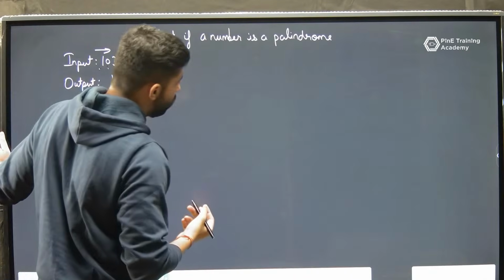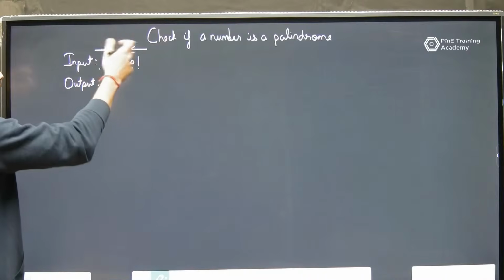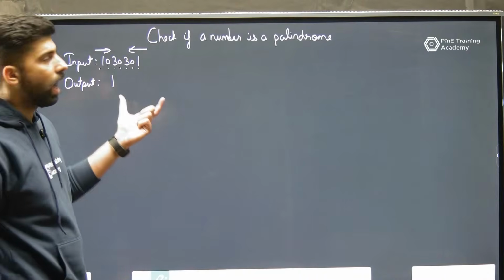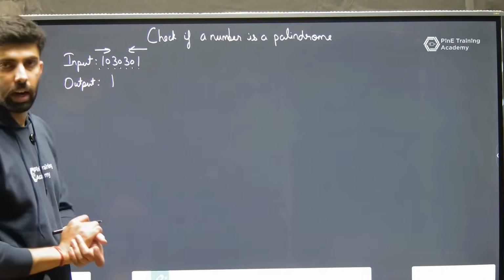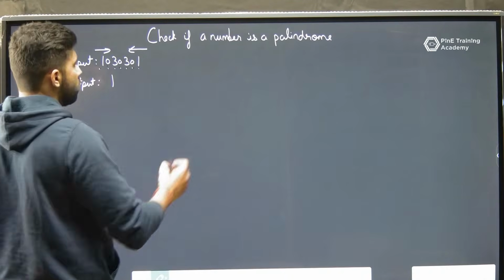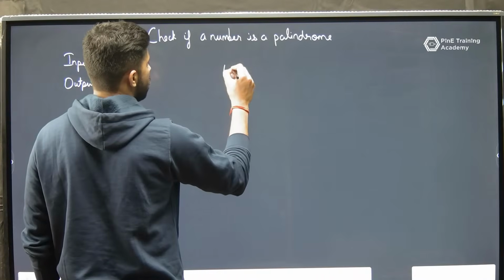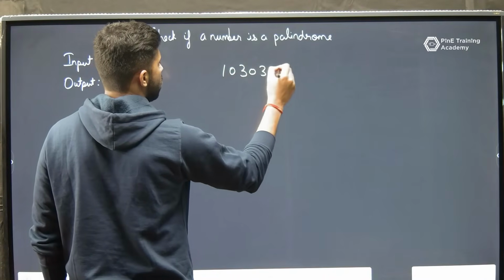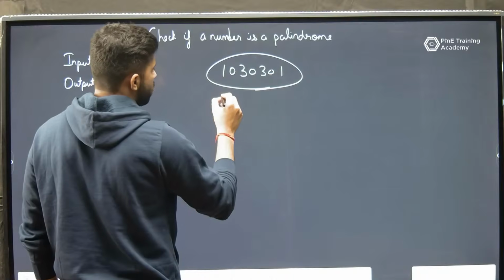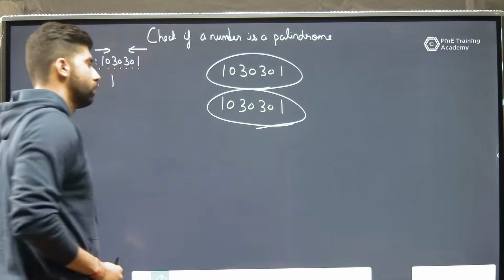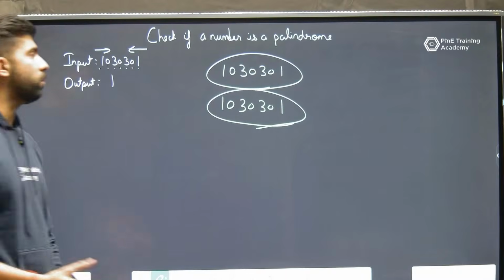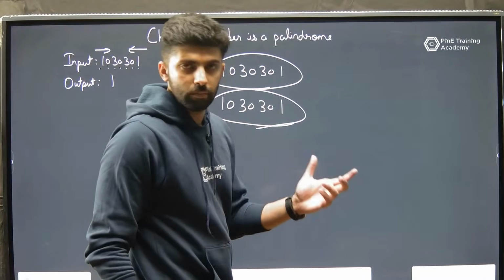What do I need to do? I just need to calculate the reverse of this number, and if that is equal to my current number, this is a palindrome, right? So if I write the reverse of this number, it will be the same, right?